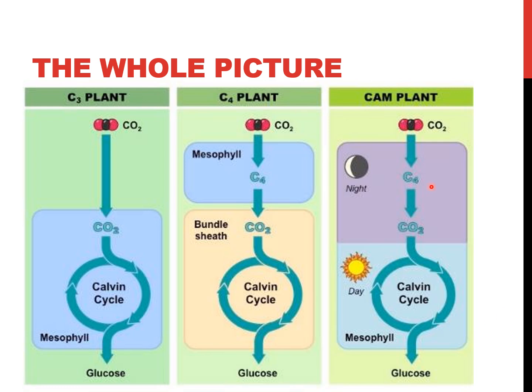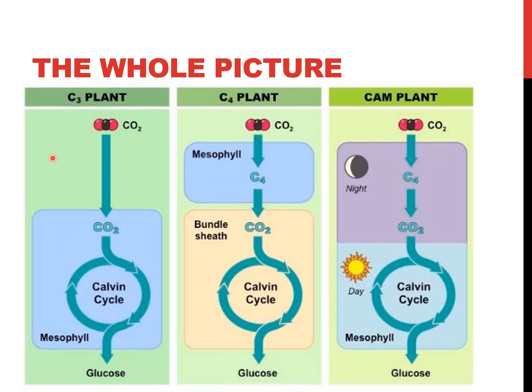So this is the whole picture, all of them together. We have C3 plants, which do your regular light dependent stage and carbon cycle. Carbon dioxide goes into the mesophyll cells, the carbon cycle occurs, glucose created.